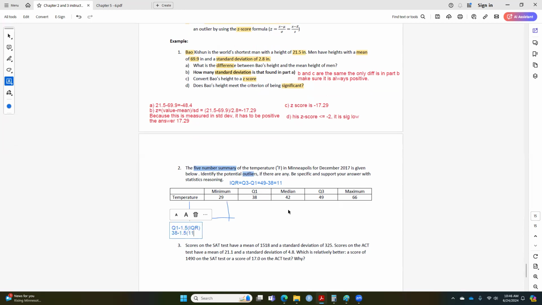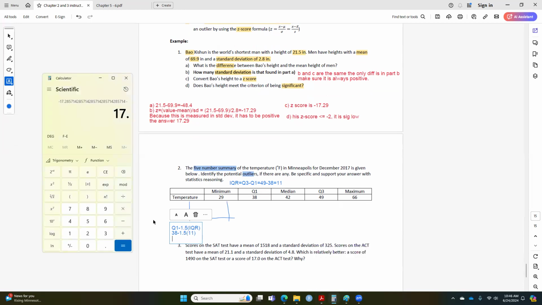IQR is 11. So you might need to use a calculator here: 38 take away 1.5 times 11. So it came out to be 21.5.